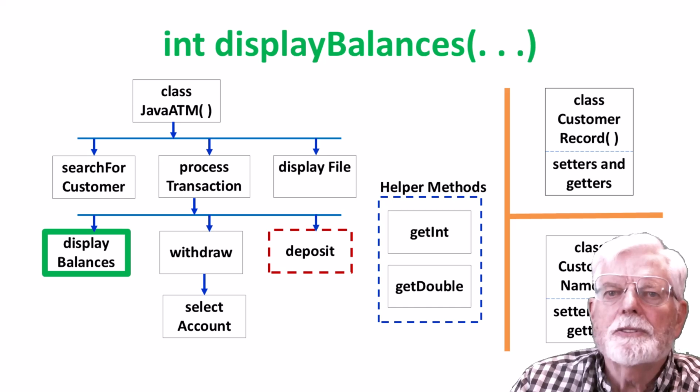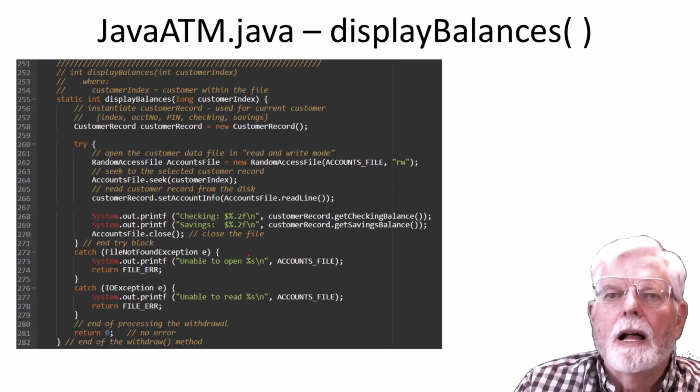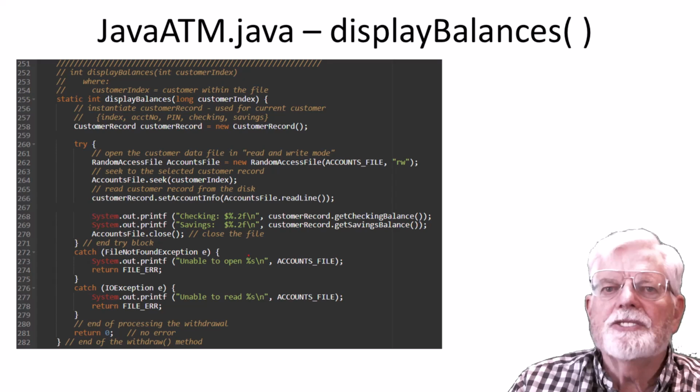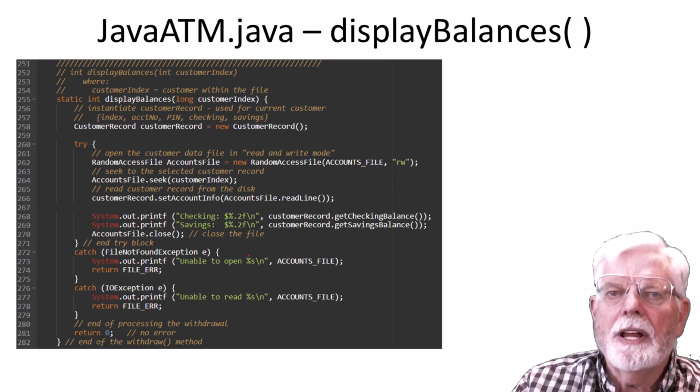The display balances method displays the selected customer's checking and savings balances. The displayBalances(long customerIndex) method is not very complicated. A CustomerRecord object is instantiated and used to get the customer record identified by customerIndex.